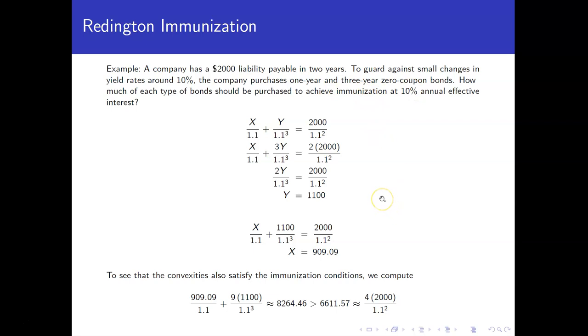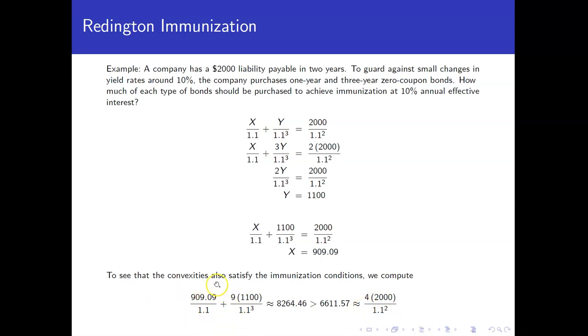But we can actually see that the convexity condition is also met. If we take the convexity of the assets and the convexity of the liabilities, we can see that they are in what we need them to be. So again, the convexities are just going to be the squares of the time for Macaulay because it's just a single cash flow.